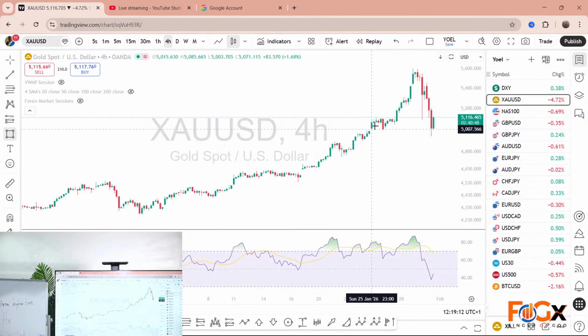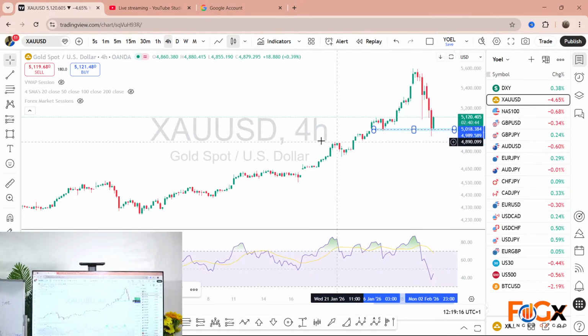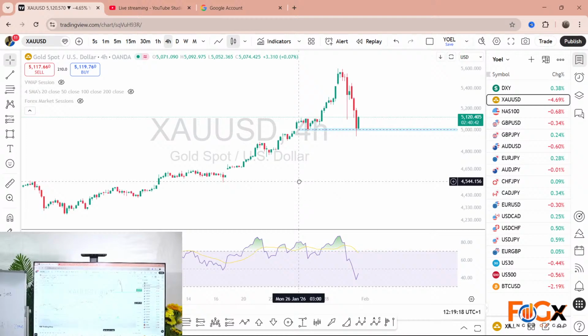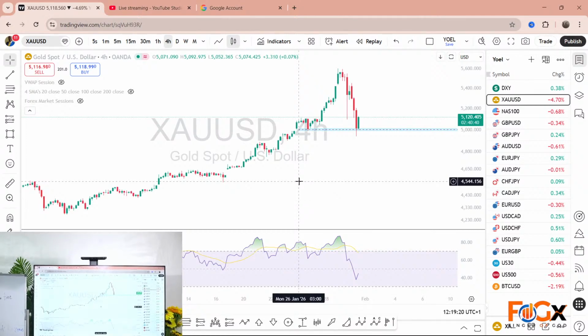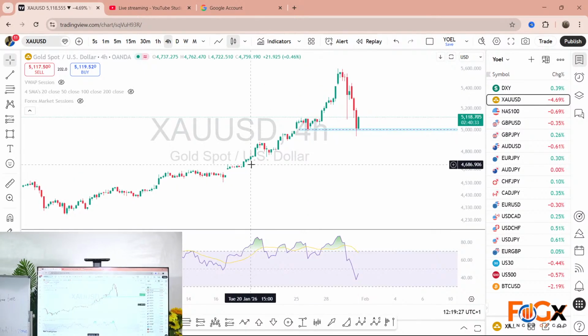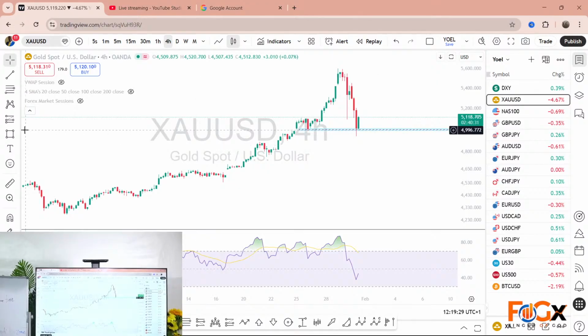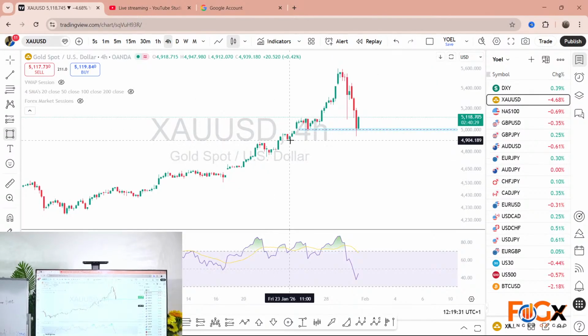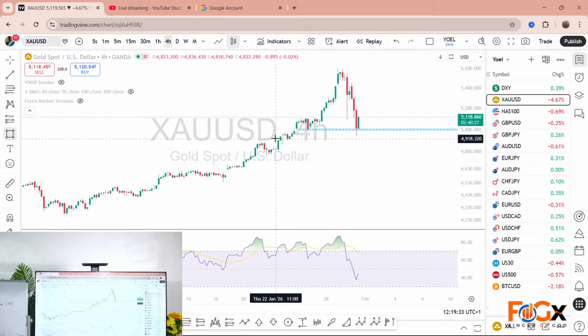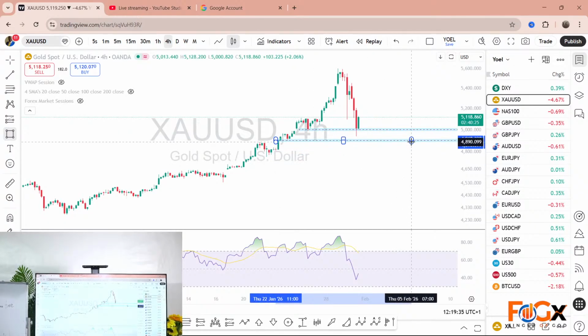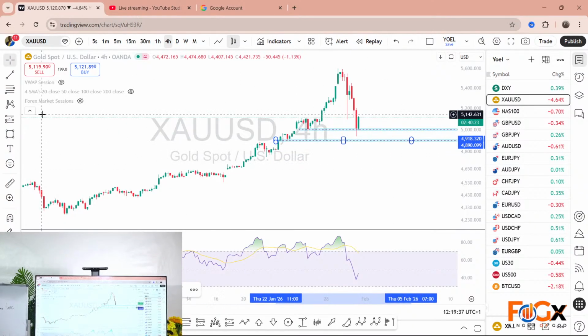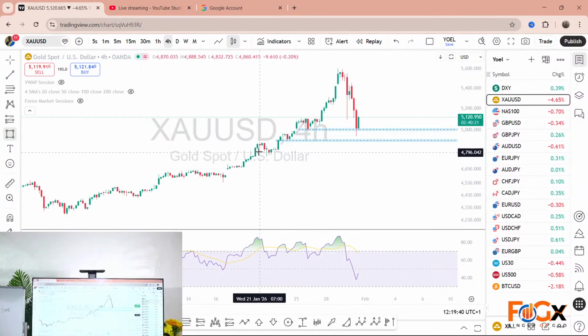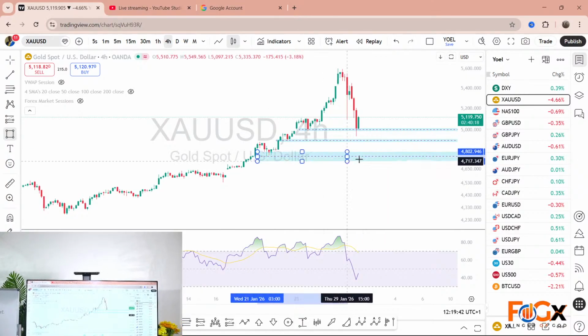This is a key zone here, and price has bounced from that place. This is another key zone here. This is another key zone here.